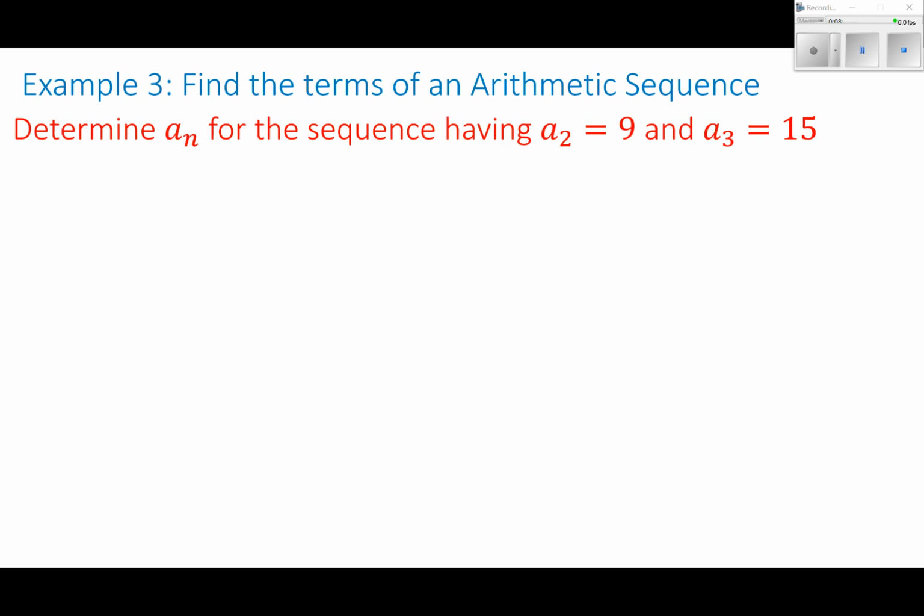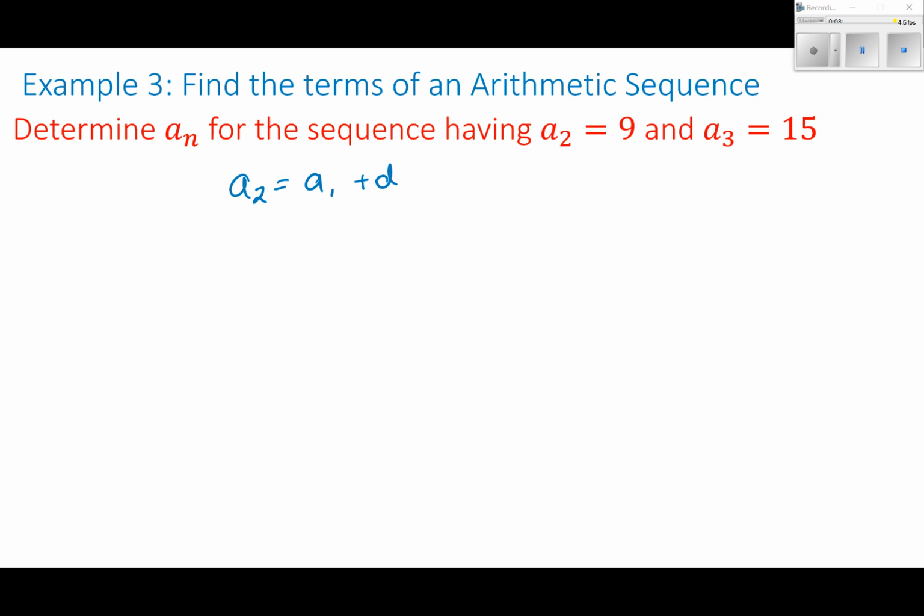Let's look at another one. Determine a sub n for the sequence. They tell us now the second term is 9 and the third term is 15. Well, remember, we need to know what the first term is, and they only tell us what the second term and the third term is. But we know when we are deriving our formula that a sub 2 really is just the first term plus d.